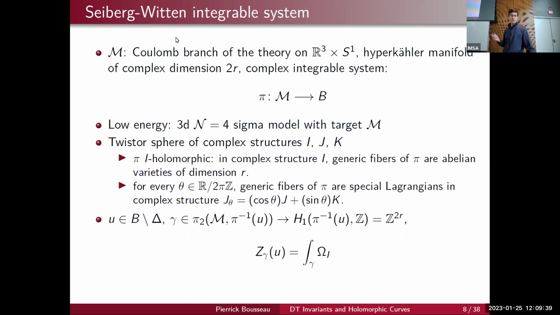And furthermore, this hyperkähler geometry encodes some of the data which appear on the DT side or BPS side, in particular the set of possible classes or charges gamma for your DT invariants or your BPS states can naturally be identified with the relative pi2 of M relative to the fiber of this map pi.